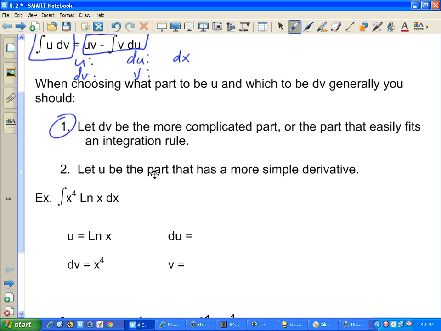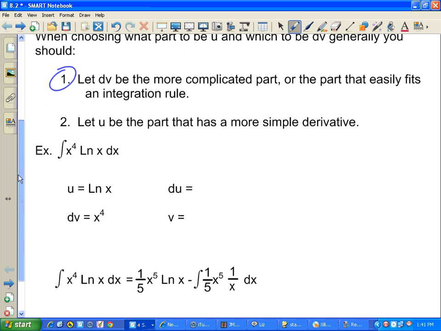You want to make u the part that has a derivative that's simpler than what you started with. So like x squared would be a good candidate to be u, because when I take the derivative of x squared, I get 2x, and 2x is a simpler function than x squared is.